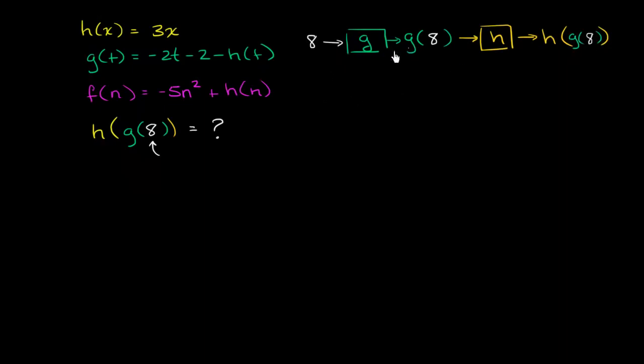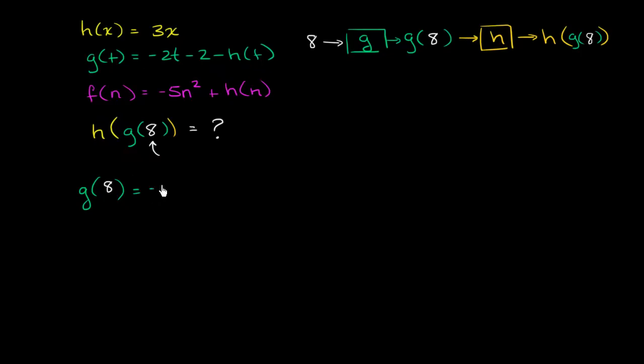Let's figure out what g of 8 is. So g of 8, and I'm going to color code it so we can keep track of things. G of 8 is equal to, well, g of t, we have our definition here. So our input now, instead of a t, 8 is going to be our t. So every place where we see a t in this function definition, we replace it with an 8.